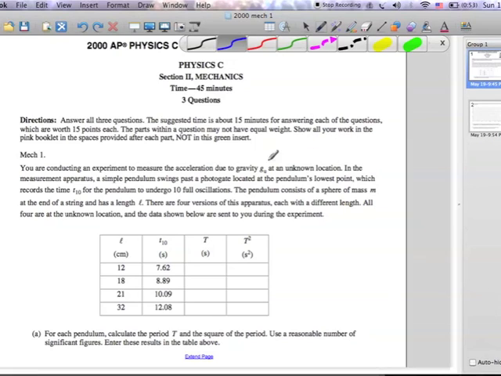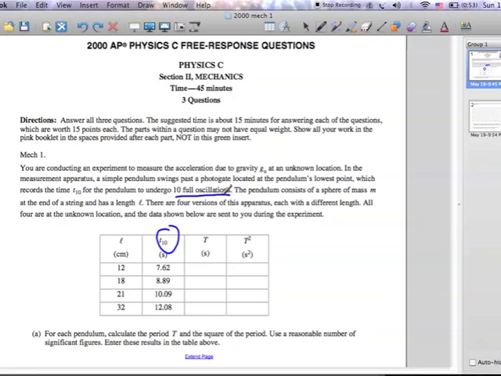And so the question gives you some of these periods, and that's the time for 10 full oscillations with a simple pendulum, so a mass at the end of a weightless string.